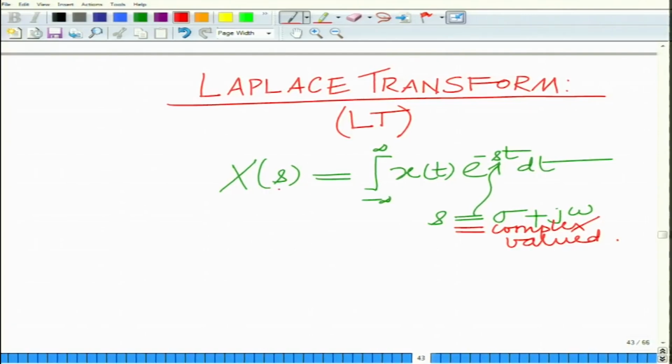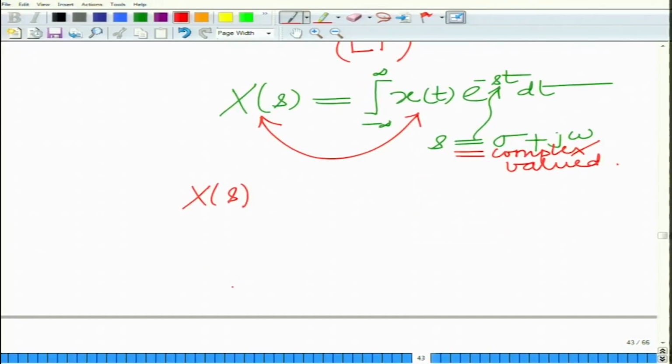Okay, so, X(s) is the Laplace transform of x(t). X(s) and x(t) form a signal and Laplace transform pair.